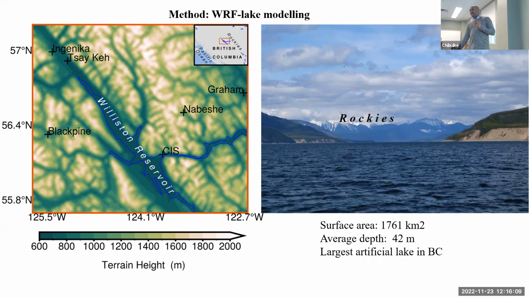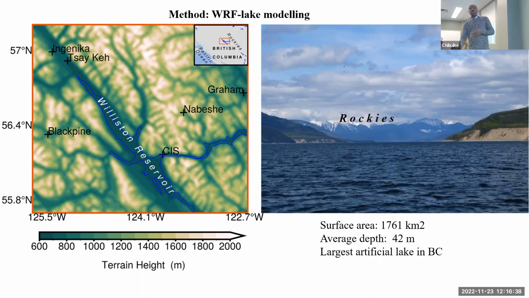So that makes it the largest artificial lake in BC and the second largest by volume in the whole world. You can start thinking about this size, which is even the size of some states, like some countries. So you can imagine that this is a very large modification of the landscape.